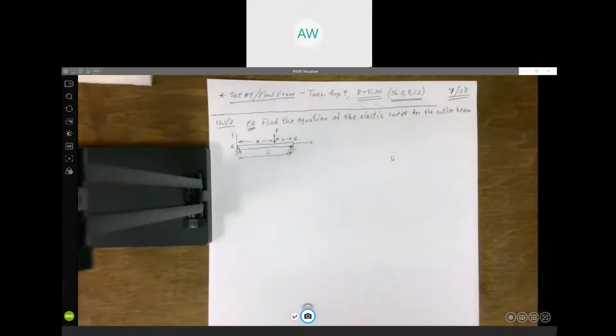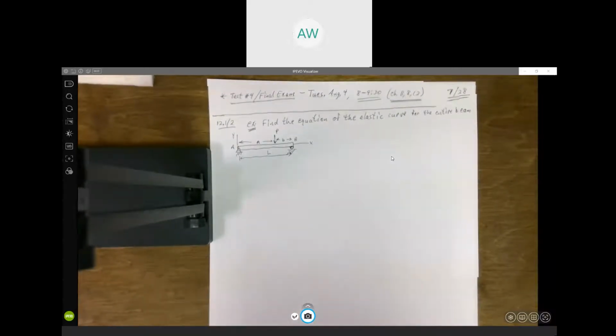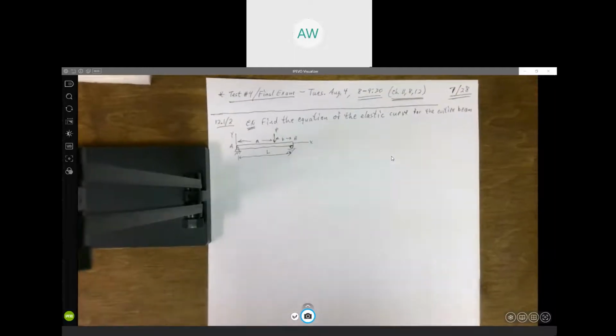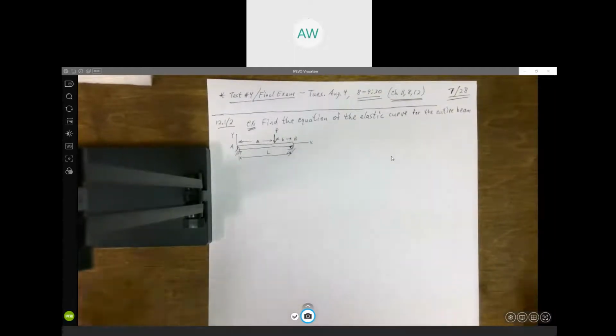But you're going to see, sometimes looks can be deceiving. Again, might look relatively short and easy and innocent. Sometimes turns out to be a little bit more work involved than you might think. So anyway, this is the problem, and we want to try to find an equation for y that gives us the displacement all the way down the beam.